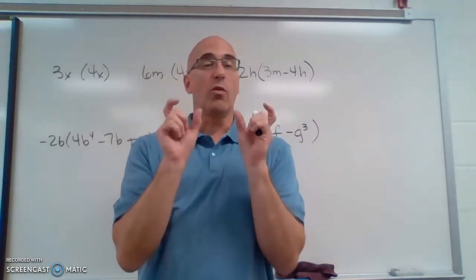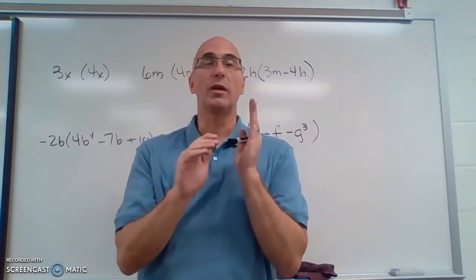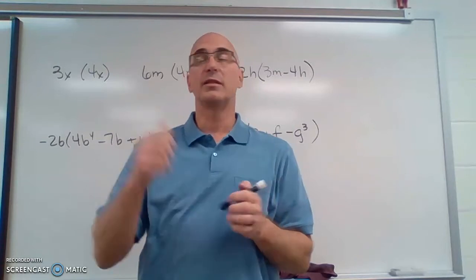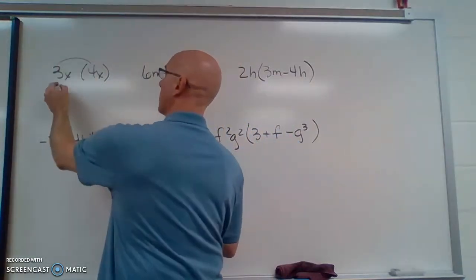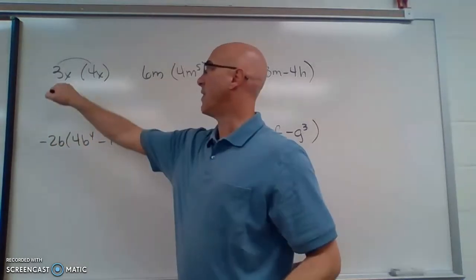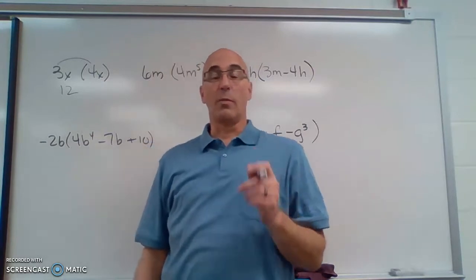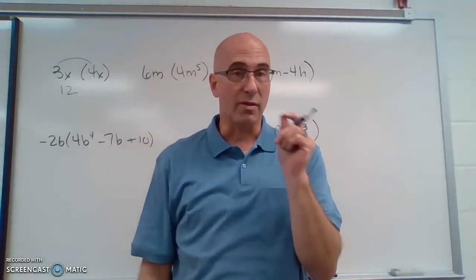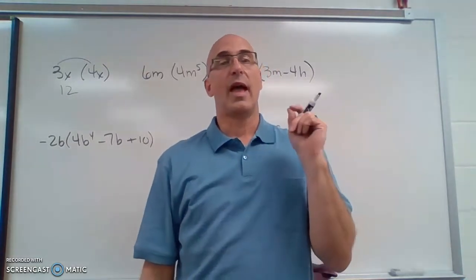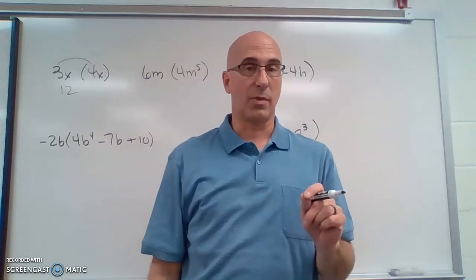What we can do, we know when we multiply, we can multiply the coefficients. So we can multiply the 3 times the 4, and we get 12. Then we have x times x. Now when we multiply variables together, they have to be the same base, in other words, the same letter name. And we simply add the exponents.